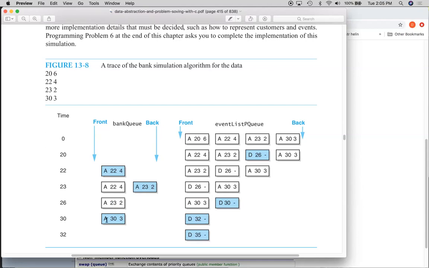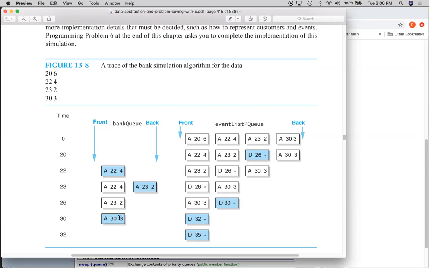And then one more step to go, right? At this point, I'm on the line that says 30 on it, and I say, okay, priority queue, tell me what the item in your priority queue is with the highest priority, and it gives me this departure event. When we have a departure event, what happens is we take the event at the front of the bank queue and we process it because it's now time 32 and this has a duration of 3.